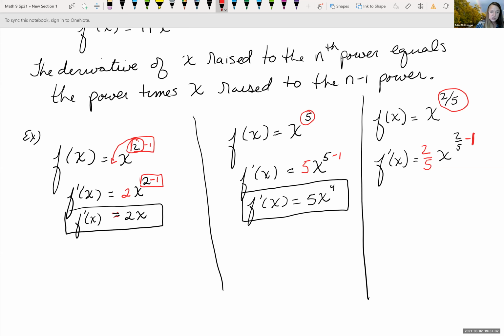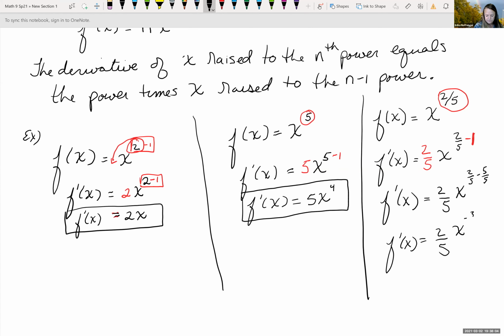When I'm subtracting 1 from a fractional exponent, I write it as an equivalent fraction with a common denominator. So this is 2/5 minus 5/5. So we have 2/5 x raised to the 2/5 minus 5/5, which is negative 3/5.